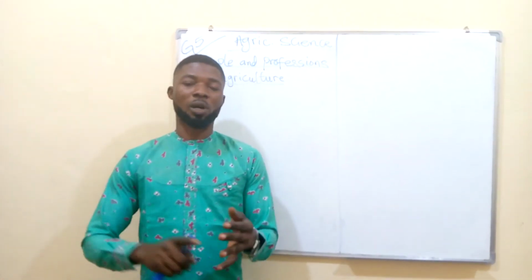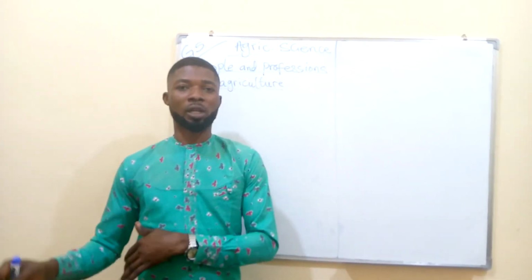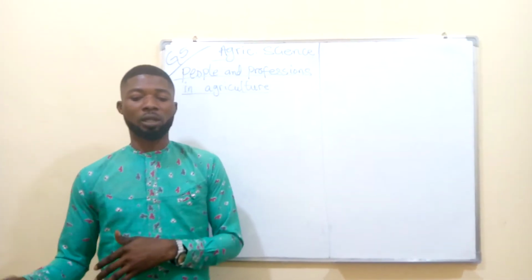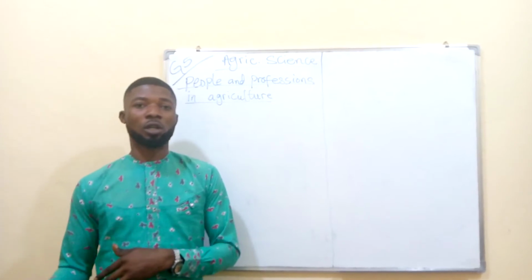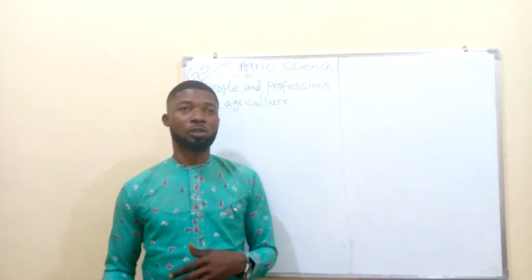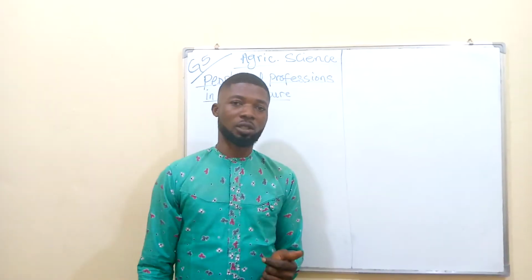Don't forget, number one is animal scientist, number two is crop scientist, and number three is soil scientist. Then number four, agricultural educationist.